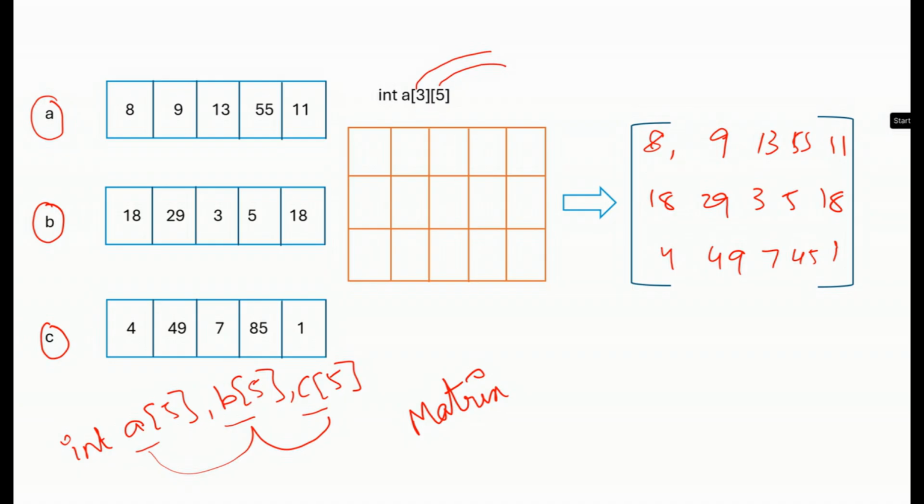The first index represents the number of arrays that we want to combine, and the second one represents the total number of elements inside each particular array. So here we have three arrays A, B, C, each of 5 elements. This is how we declare a two-dimensional array.